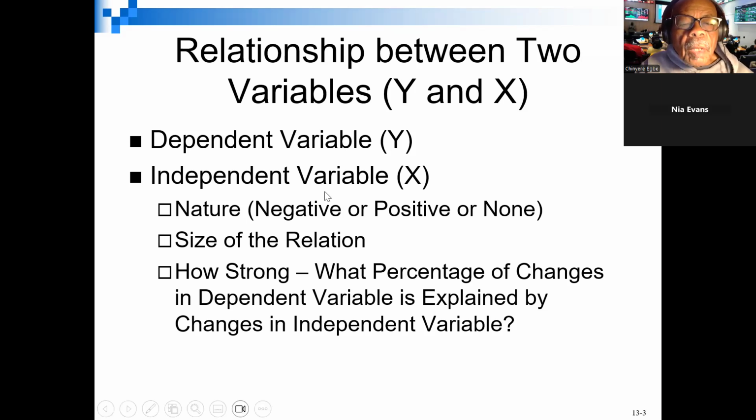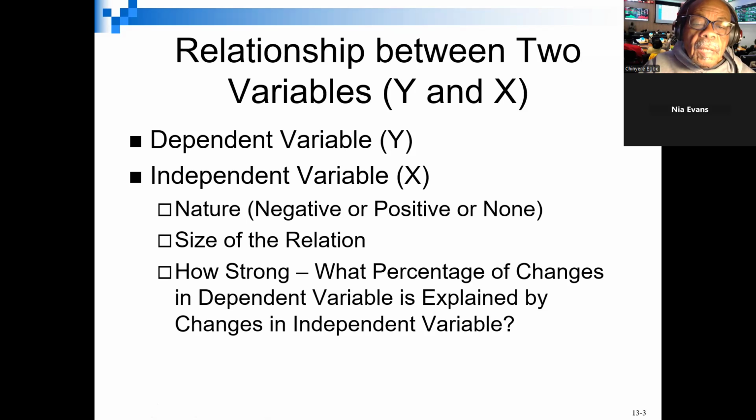Now, the other aspect of this relationship we're going to study is the size of the relationship. For every one additional person in the family, the expenditure on food will increase by, say, $10 per month or $50 per month.